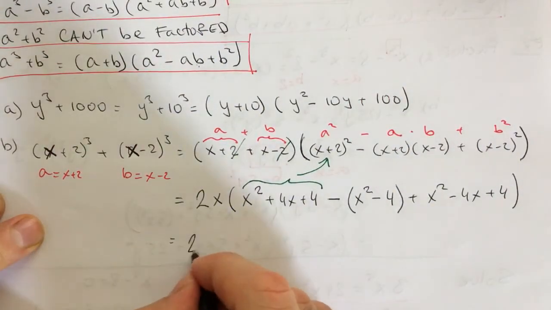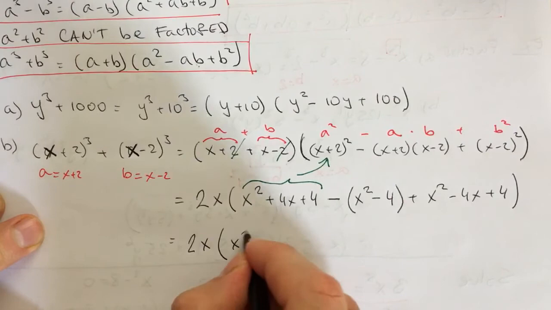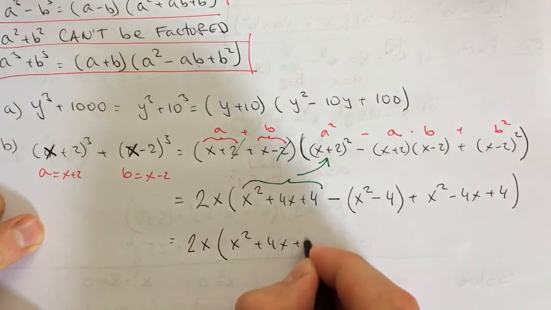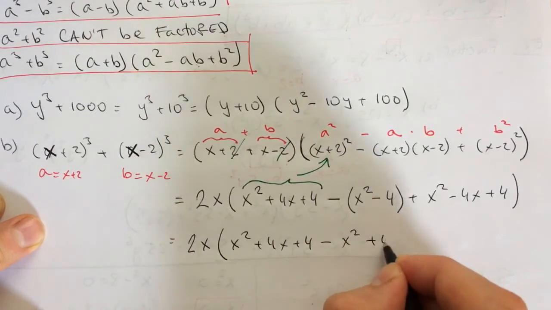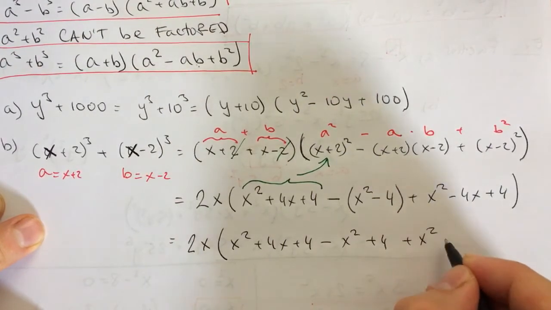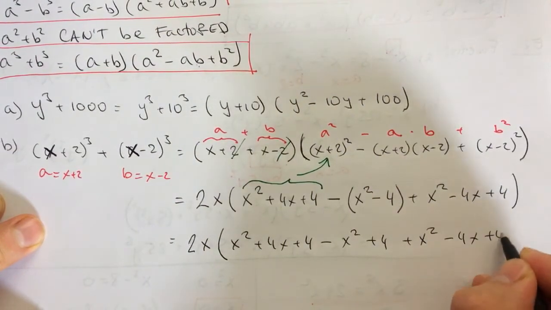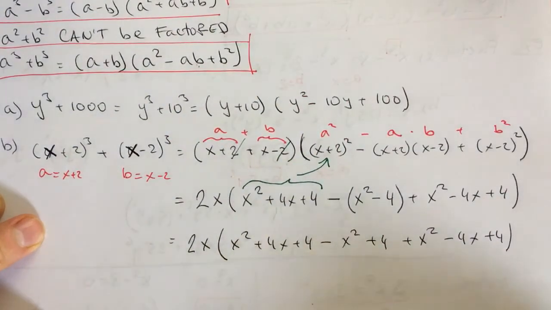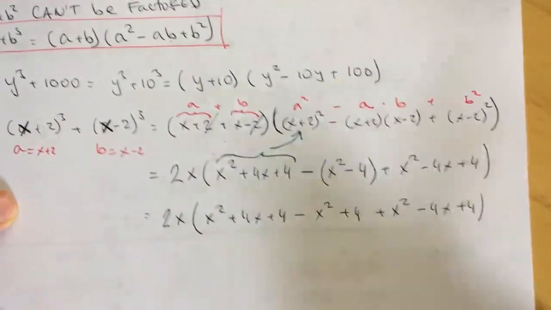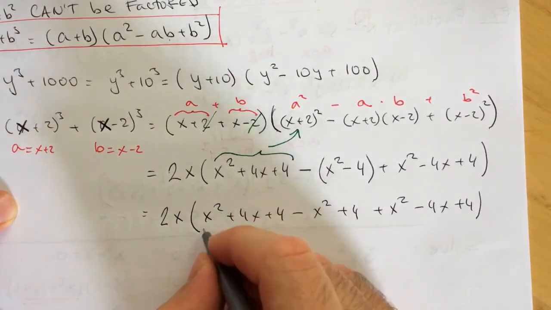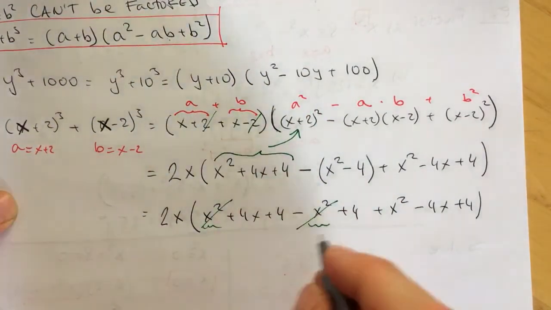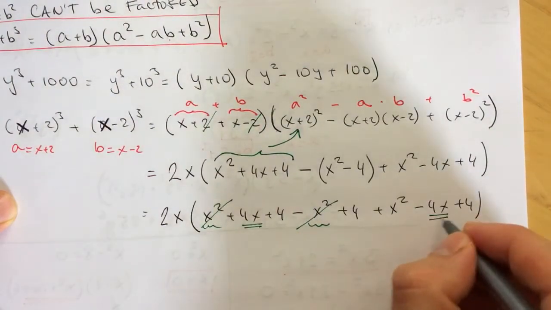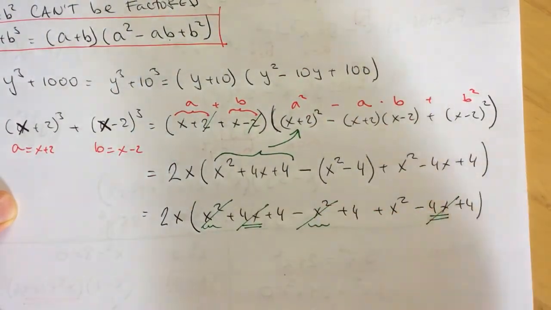Okay, we're one more step away. So x squared plus 4x plus 4, now drop these parentheses, minus x squared plus 4, plus x squared minus 4x plus 4. And now let us see what we're left with. x squared minus x squared, they cancel out. 4x minus 4x, they cancel out.